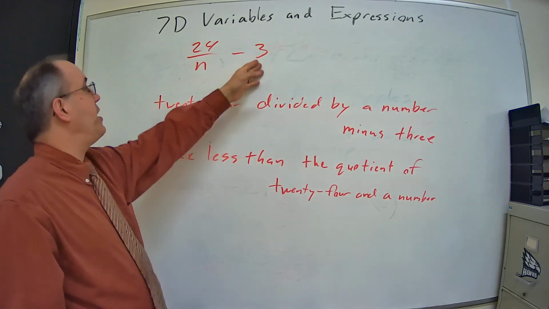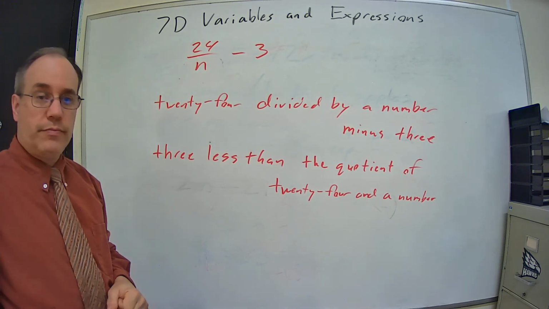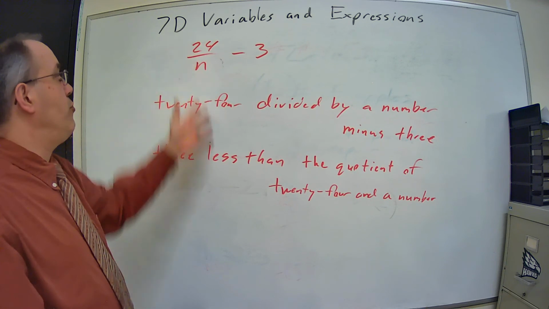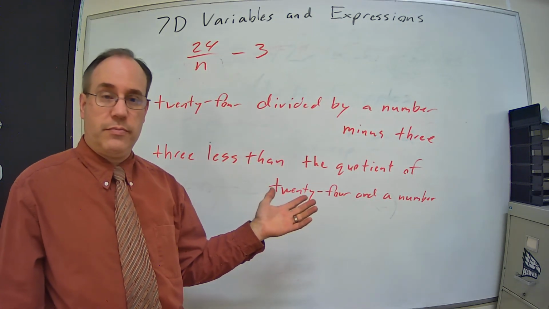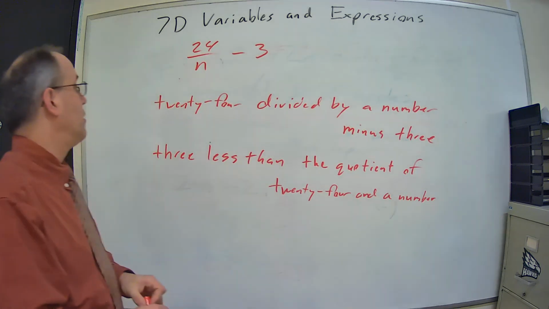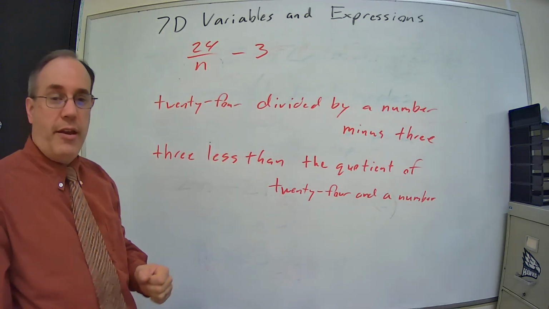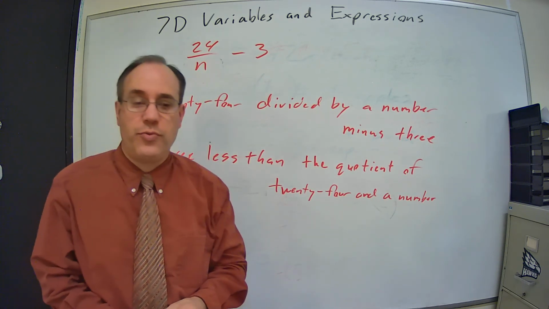Take away 3 from the quotient of 24 and a number. There's numerous ways that we can word this. Three less than 24 divided by a number. Okay, so a lot of different ways we can do it.